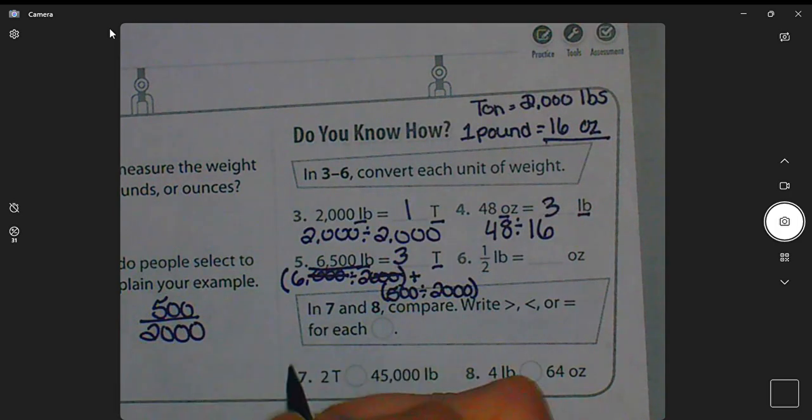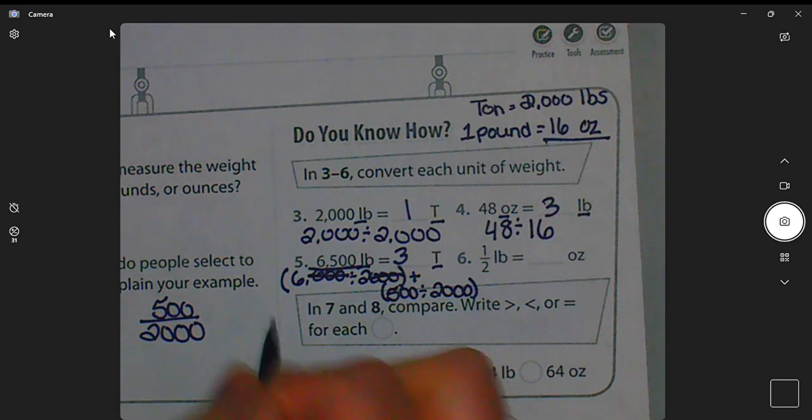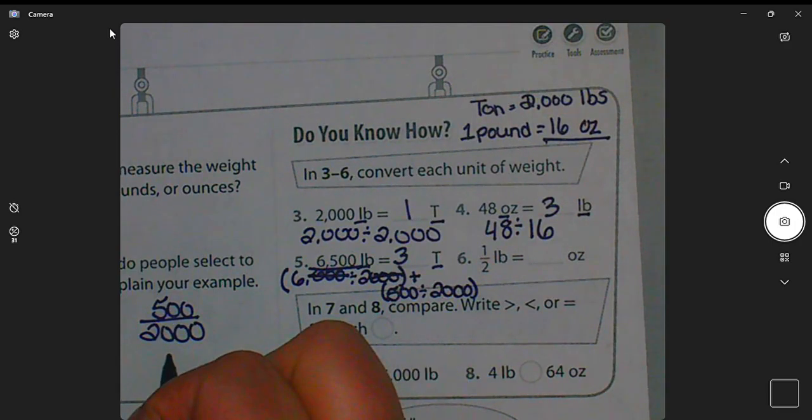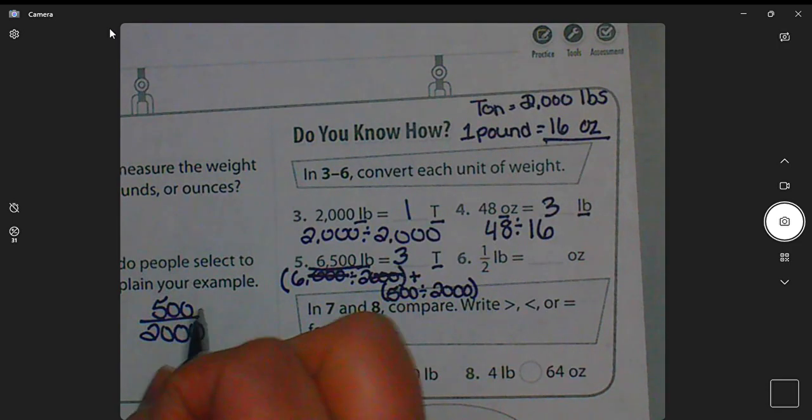I know that from dividing fractions, I can say 500 divided by 2,000, and I can make it look like a fraction as well. What I'm going to do is, for each 0 that 500 has, I'm going to take a 0 away from 2,000. Because when I do this, I'm taking away a 10.